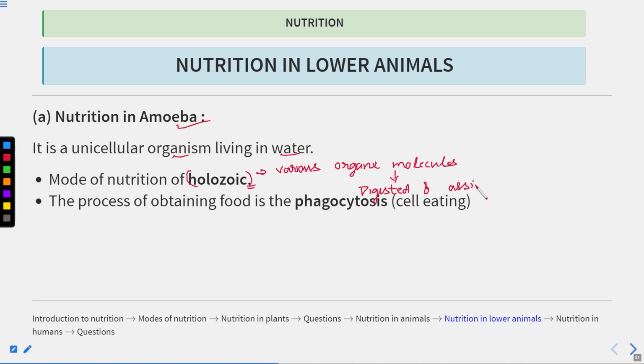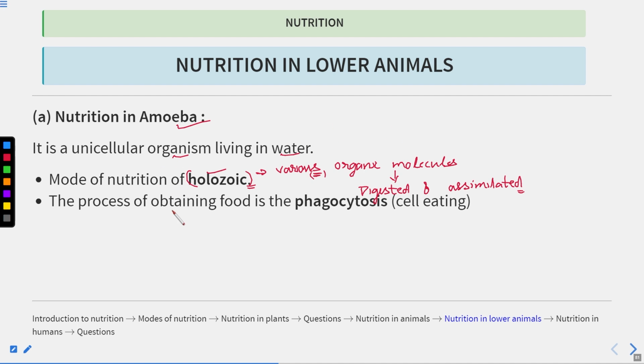Mostly the food that is consumed is solid, but some liquid food is also consumed in holozoic nutrition.